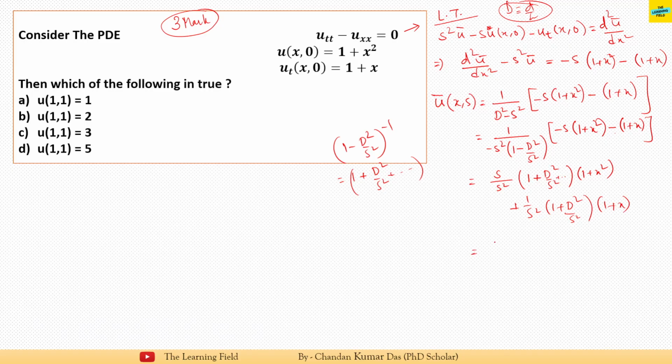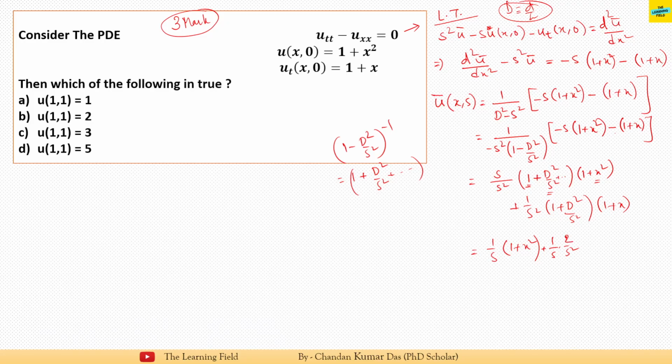So we write 1 by s into 1 plus x squared, and then D squared by s squared operating on it gives 1 by s into 1 by s squared, so this term only gives 2.